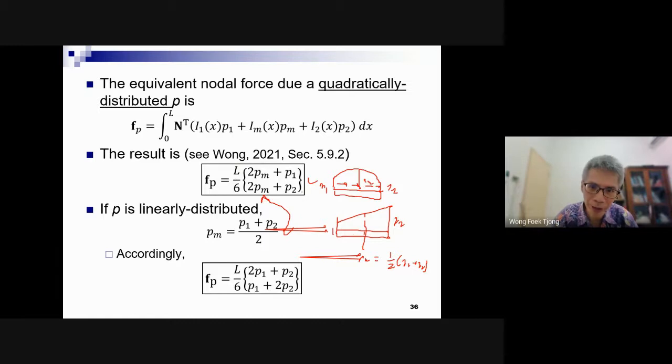Just use the quadratic, because linear is a special case of quadratic, with P1 and P2 independent, but PM given by this. That becomes linear. So we plug this into this one to obtain this. This is for linear, becoming P1, P2 in the same form. You can prove it by yourself. The details of the calculation are in my book.